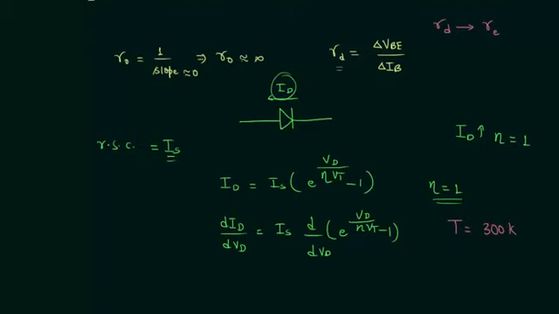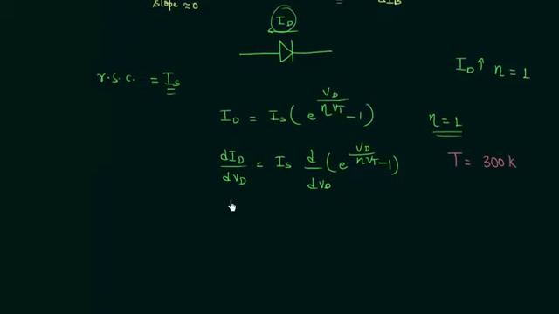After differentiation we have 1 by RD, because dVD by dID is equal to RD. On the right hand side we have IS e raised to power VD by VT divided by VT. From here you can see IS e raised to VD by VT, when eta is equal to 1, is equal to ID plus IS.